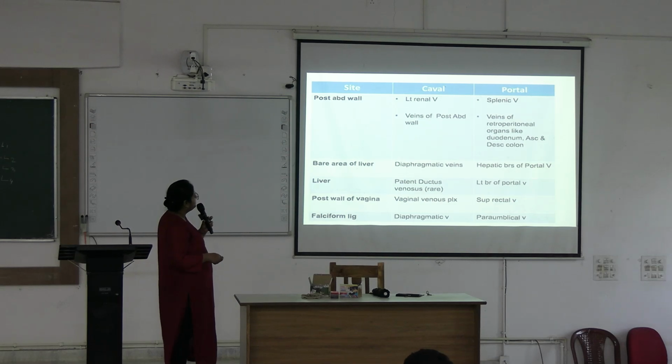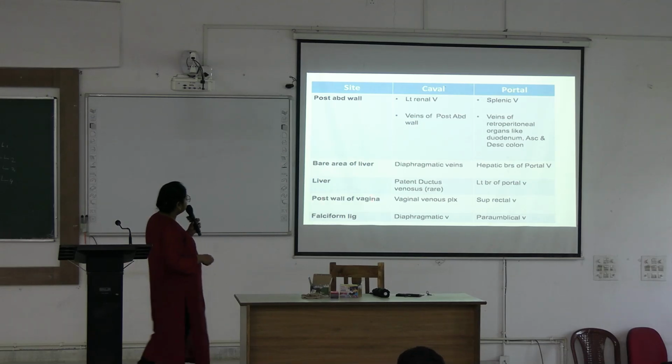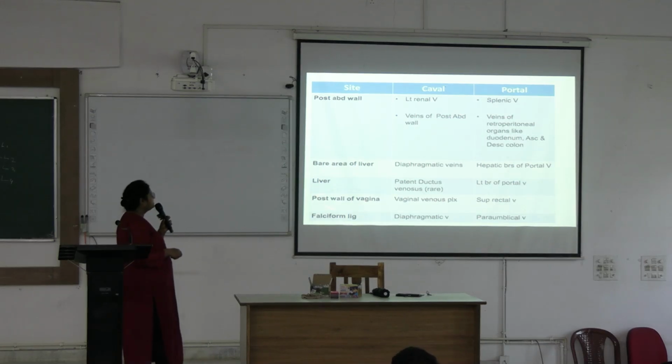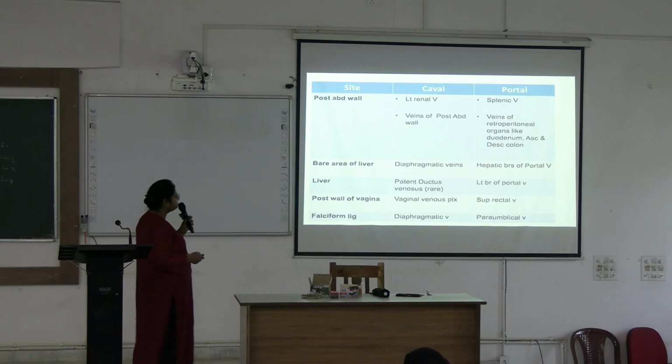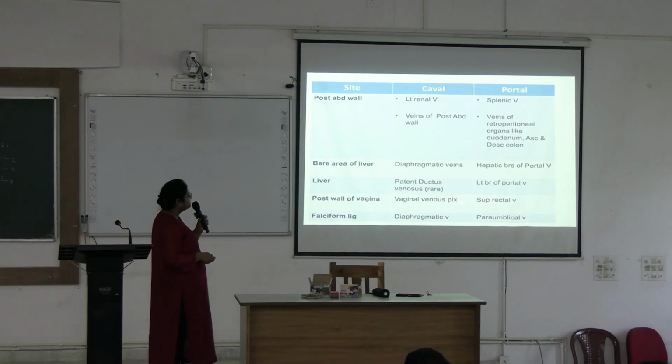These are the portal and caval system. This we have not discussed. Posterior wall of vagina. There also another portosystemic anastomosis is present. Vaginal venous plexus drains into caval system, and superior rectal vein is also supplying the vagina. It is draining into the portal system.